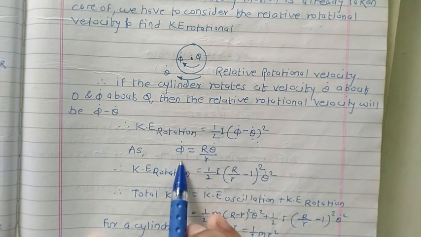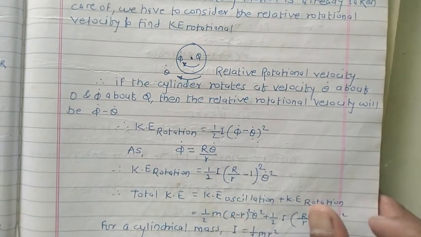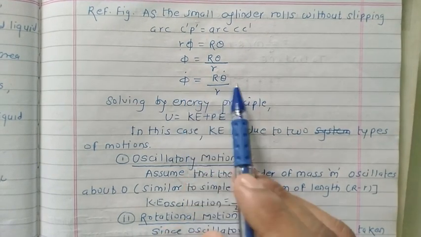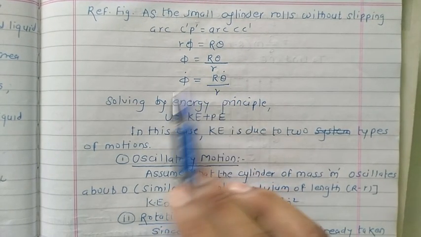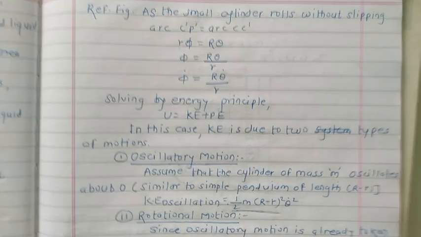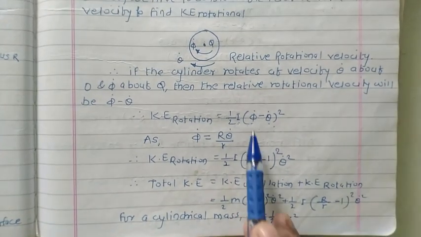So what's about the relation for this one? Phi single dot. On the previous step we already have that relation, theta single dot equals to r into phi single dot equals to r into theta single dot divided by r. So replace that phi single dot term by this term.